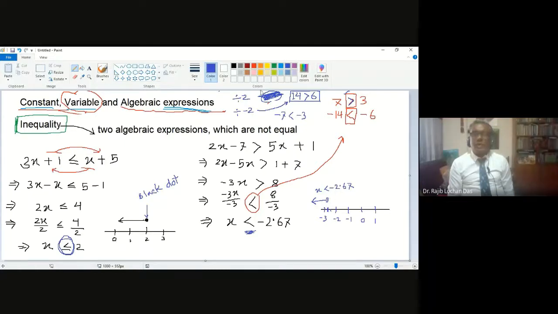It is not a black dot, because there is only less than or only greater than. That will be a white dot, not the filled circle. It will be just a circle. Is that clear now?